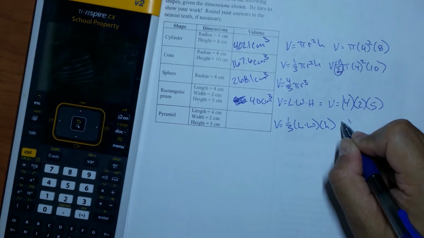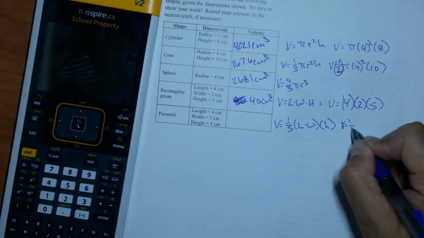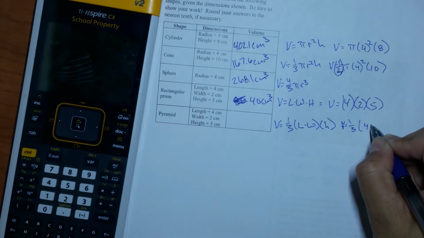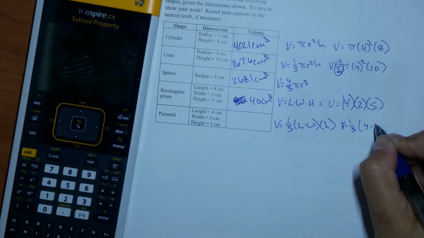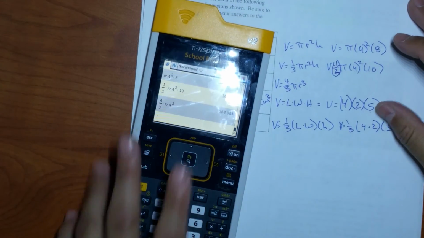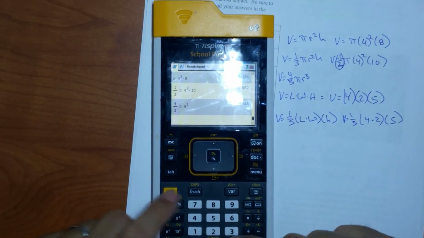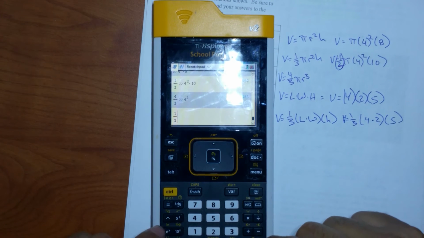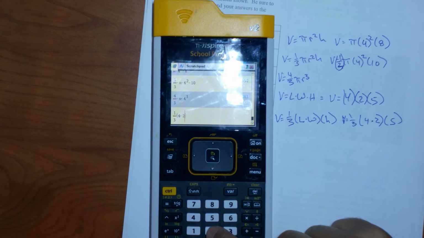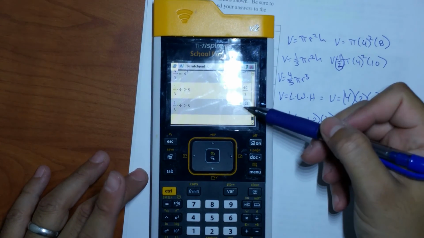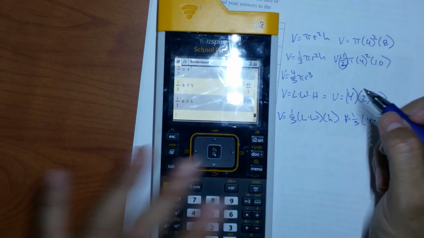So it's 1/3 of 4 times 2 times 5. And control divide, we get 13.3.